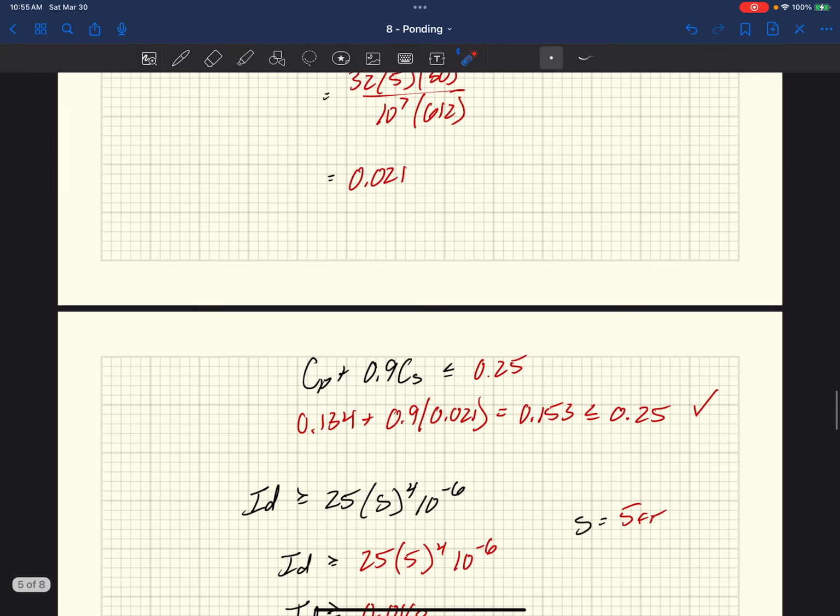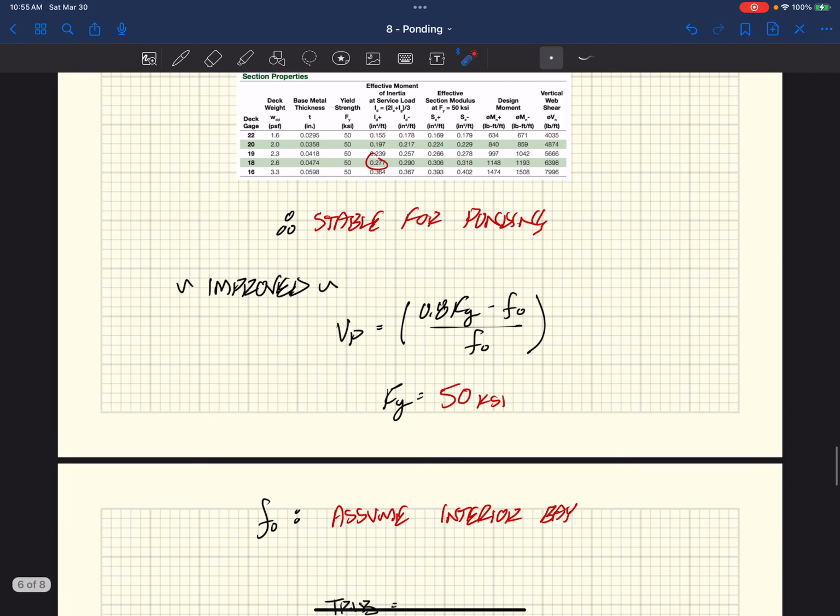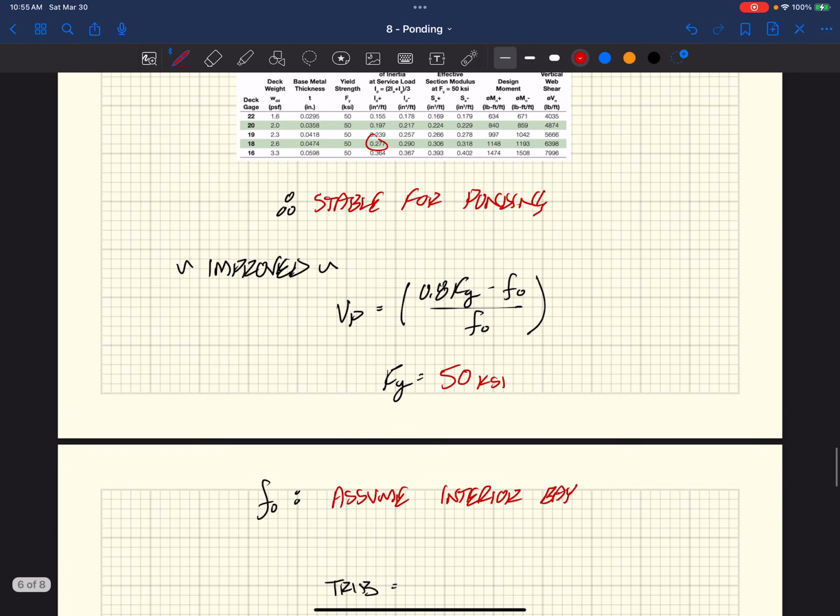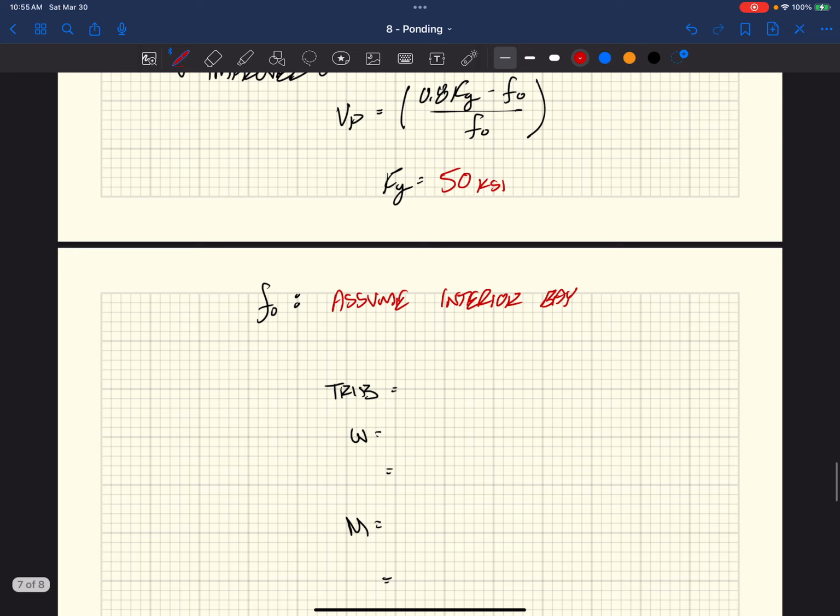So we're going to go back down here and look at F naught. Assume interior bay. Another thing we have to come up with is the dead load. 20 psf I'm going to assume. If I ask you a question in the homework or in the final exam related to ponding, I'd have to give you some information relative to dead load.